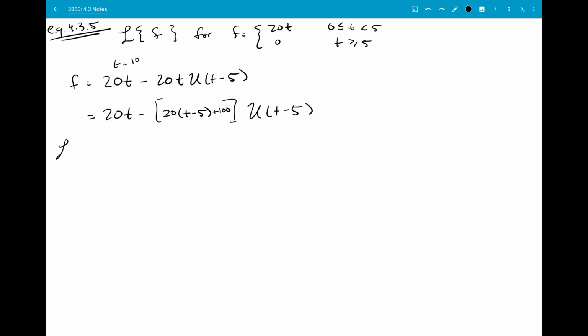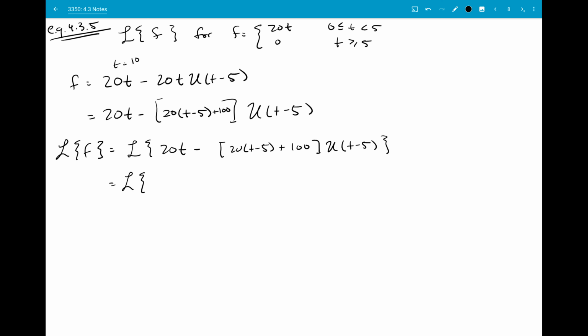Okay, so now L of f is just L of 20t minus 20 times t minus 5 plus 100 u of t minus 5. So that's going to be L of 20t minus 20 times t minus 5 u of t minus 5 minus 100 u of t minus 5.